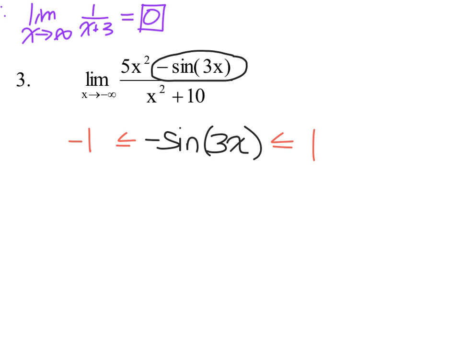The 3 is the frequency. That just tells us how many times a sine wave happens in a 2 pi interval. So that's talking width, not height. So this is a perfectly reasonable assumption. And it also keeps us from having to do those extra, annoying steps of negating, remembering to change the direction of the sine, and then moving things around. All right. So from here, I'll see where I go.